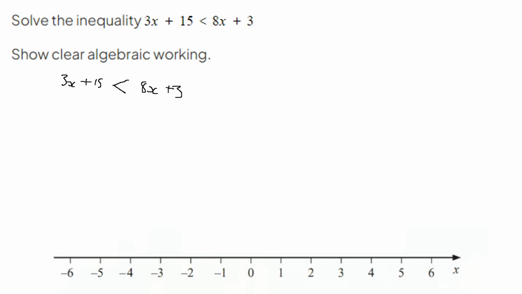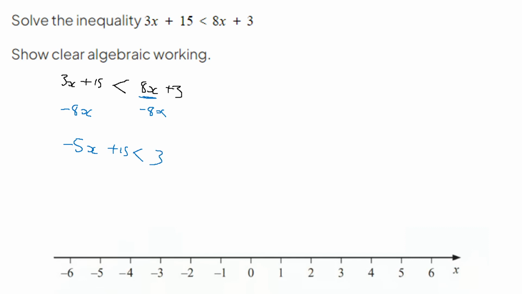We have our 8x here, we should put that on the other side, so we're going to minus 8x. It's the bigger of the two. I'm doing this on purpose because I also want to represent another point. So what we're left with is minus 5x plus 15 is less than 3.